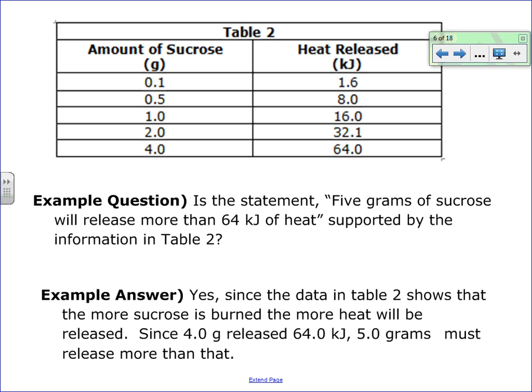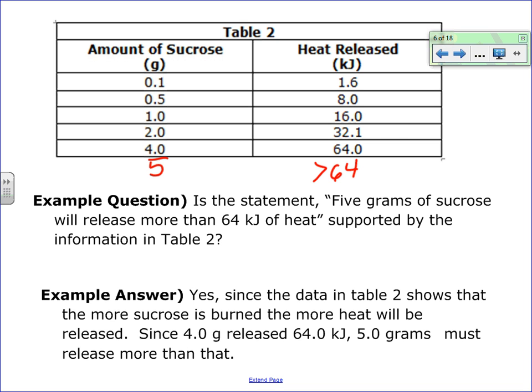Is the statement true that 5 grams would release more than 64 kilojoules of energy? All right, I see heads nodding, so that if we put 5 right here, we would expect that number to be greater than 64? Yeah, it would have to be something higher than 64.